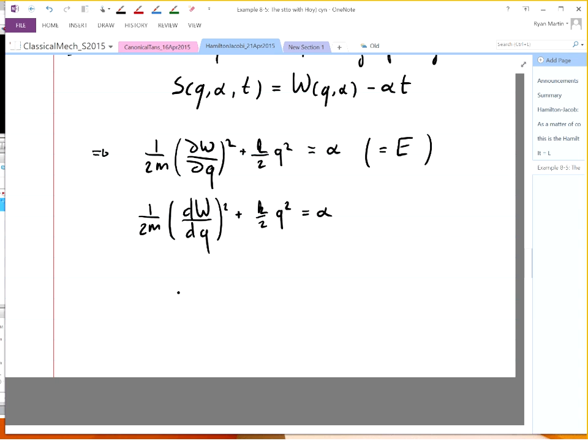So I can write this as dW/dQ equals alpha minus k over 2 q squared, then I multiply all of that by 2m and take the square root.